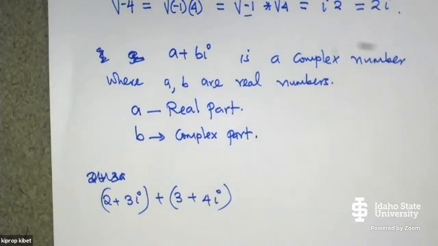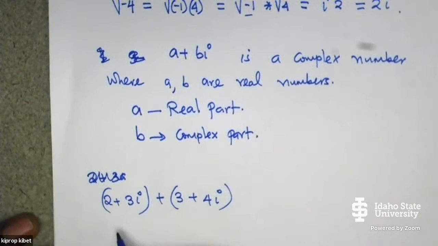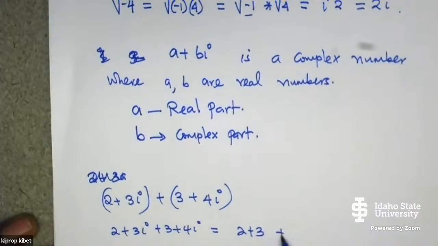So this is 2 plus 3i plus 3 plus 4i, which equals 2 plus 3, plus 3i plus 4i, which is the same as 5 plus 7i.